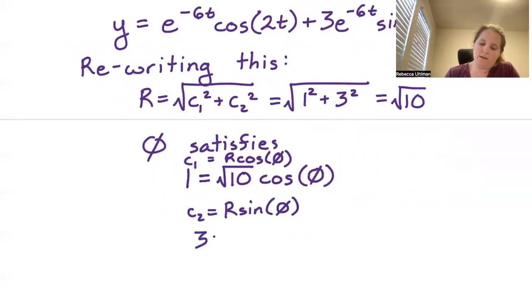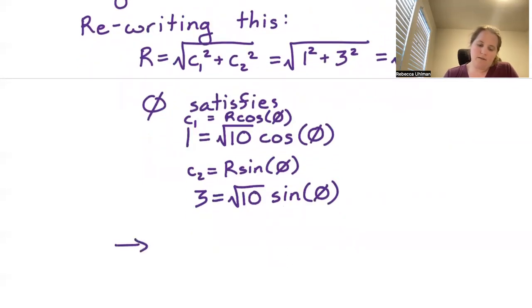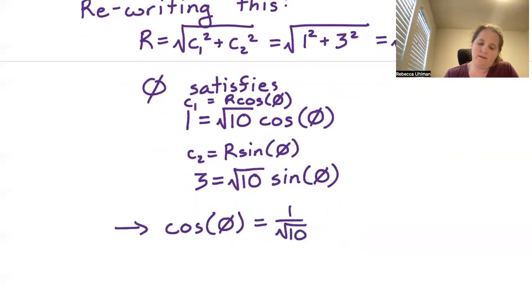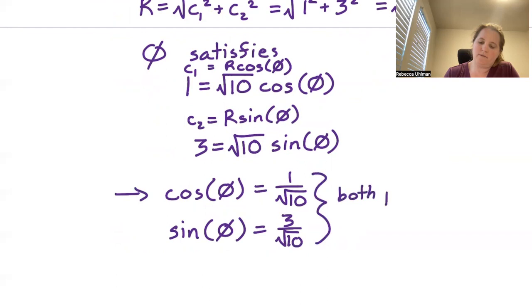So we have 3 is equal to square root 10 sine of phi. So we get cosine of phi is 1 over root 10. Sine of phi is 3 over root 10. These are both positive. So we're in the first quadrant.